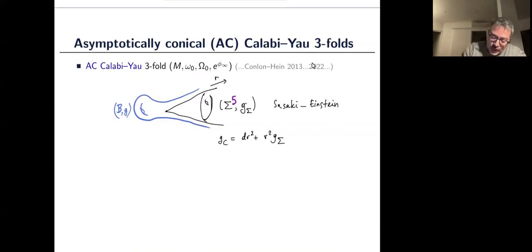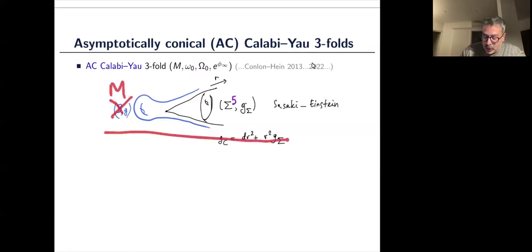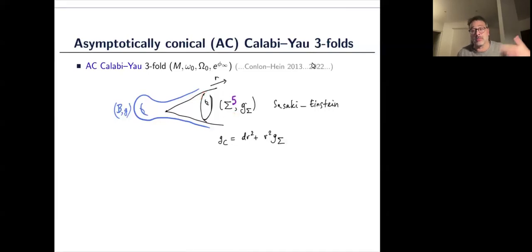So, asymptotically conical, what does it mean? Here's a picture that I stole from some other talk. Here B should be M. First of all, we need to introduce what a cone is. A Riemannian cone: in this dimension, I have a five-dimensional closed connected Riemannian manifold sigma.